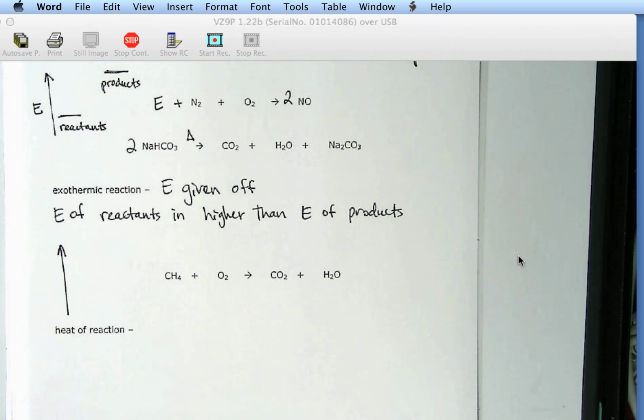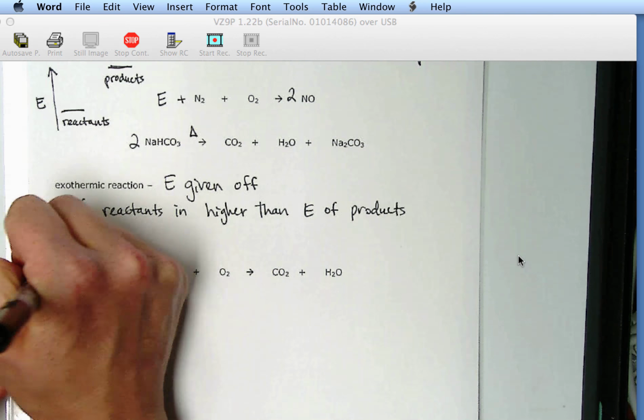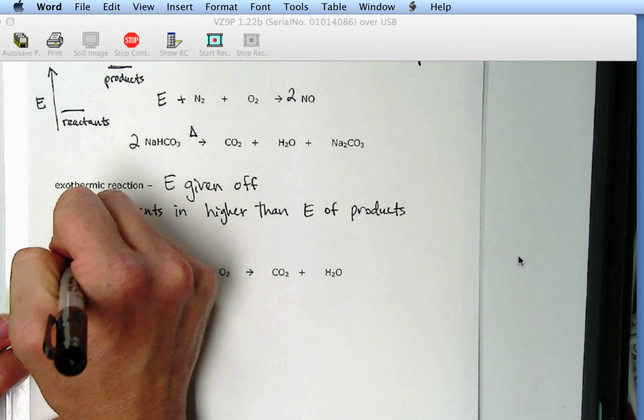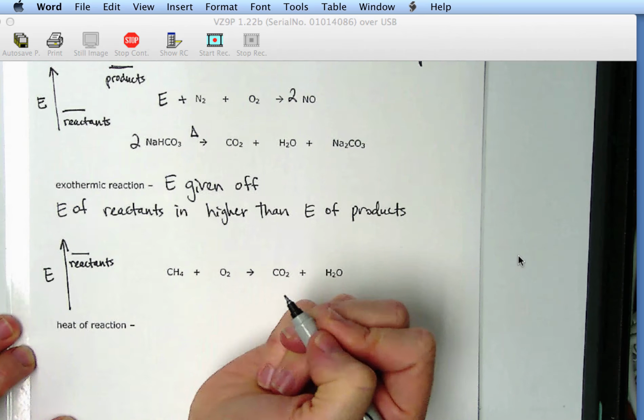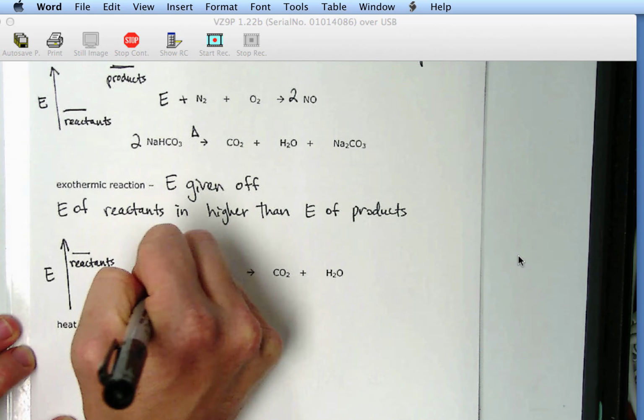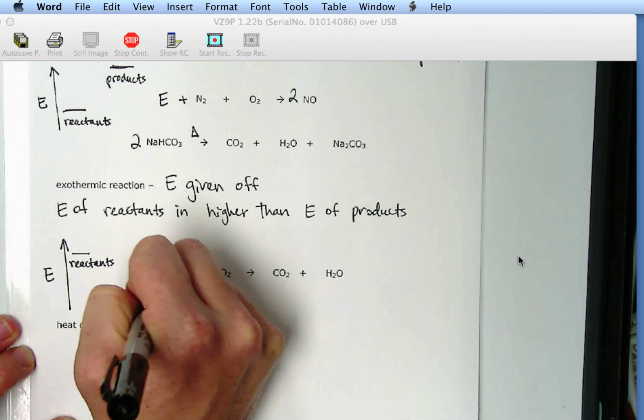So think about this little energy diagram that we have. The reactants are here, and the products are here.